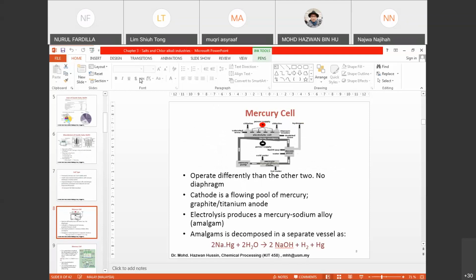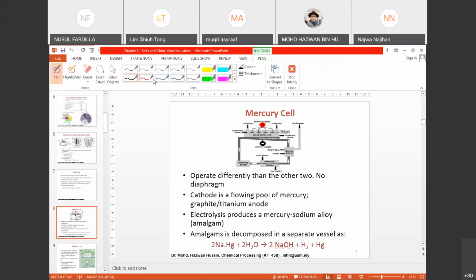Let me change to pen. Not sure whether you can see it clearly or not. Over here is the saturated brine solution. NaCl is pumped into this electrolytic cell, which has a titanium anode.